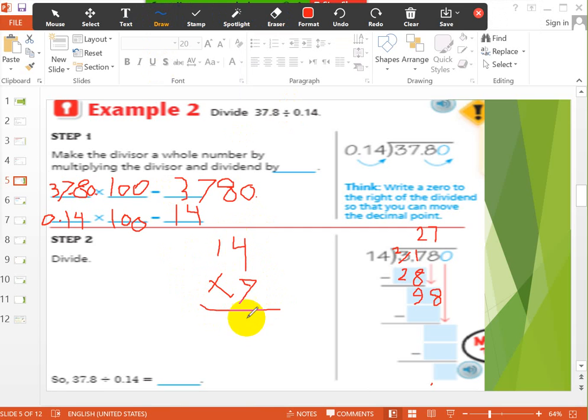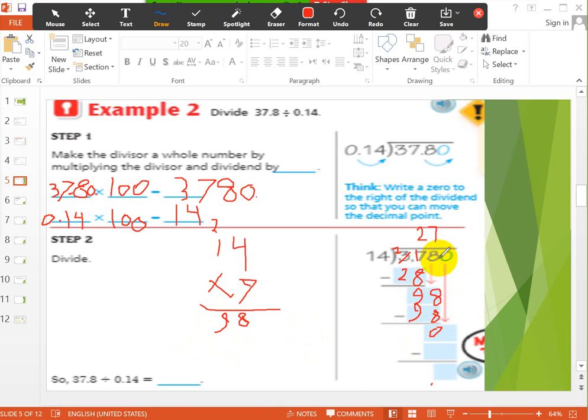So 7 multiply 14 equals 98. Put 8 here and 2 above the tens. Now 7 multiply 1 equals 7 plus 2 equals 9. So it will be 98. The remainder will be 0.